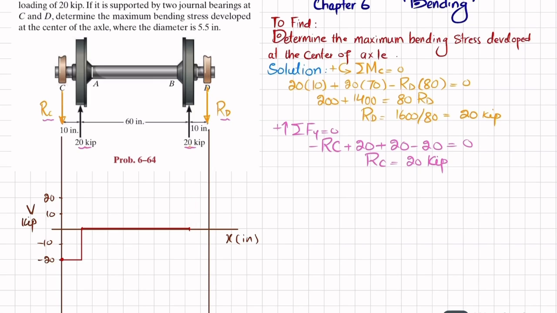So it will move vertically upward, and this will be plus 20. Now moving from point B to D, there is no other shear force, it will remain horizontal, and at the end we have RD which is minus 20, which will bring it to 0. So it will be like this. So this will be your shear force diagram.